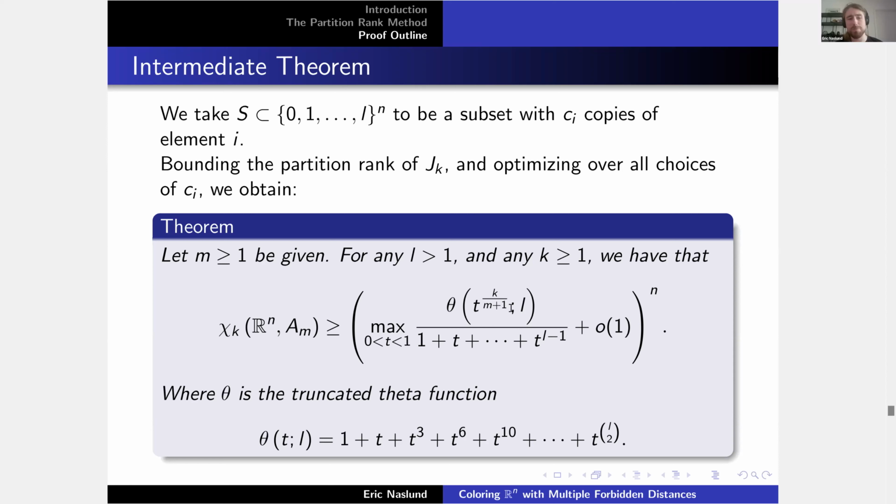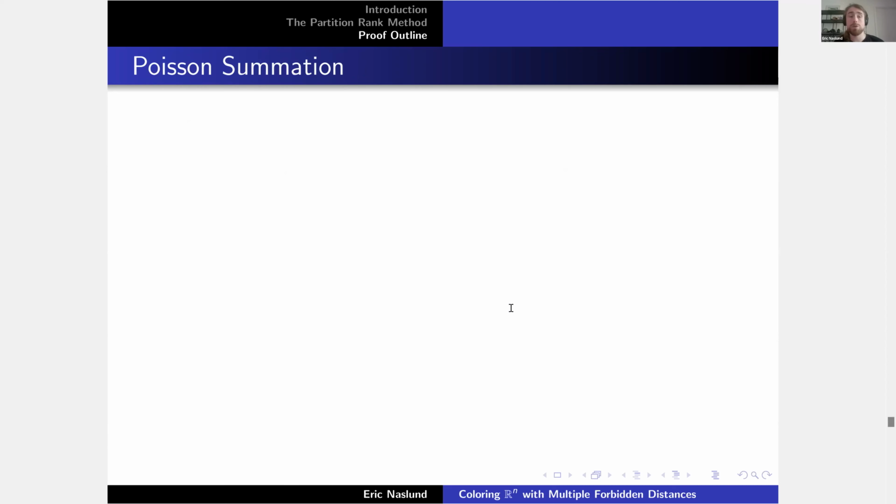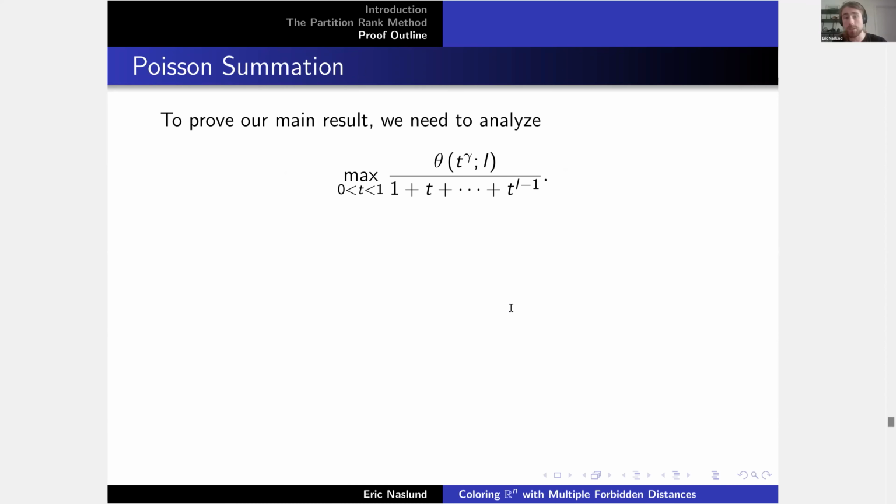I don't know how illuminating a computation it is, but we have to optimize over all the C's, and we end up with this truncated theta function divided by 1 plus a sum of powers. And then the last thing we have to do is optimize this for L. We haven't chosen L yet. So this is what we'll need to analyze, this quantity here.